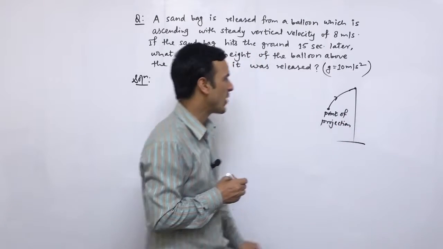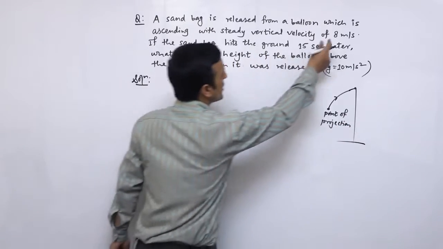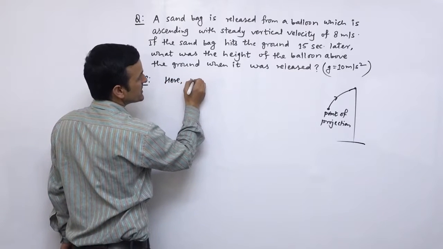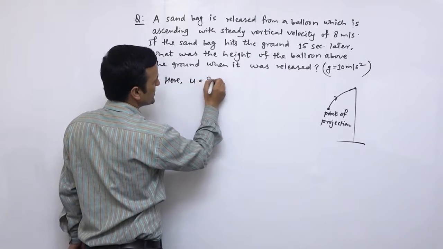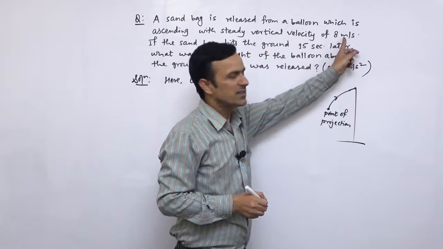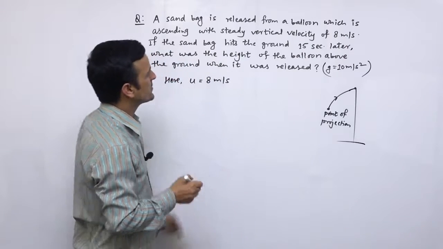half gt square. So for this we can collect the information here: this is the initial velocity, 8 meter per second. So balloon is rising in this velocity, 8 meter per second.